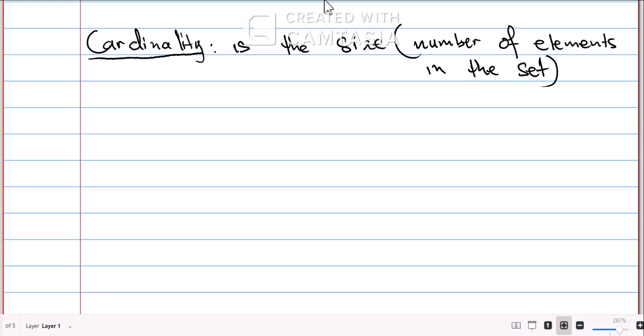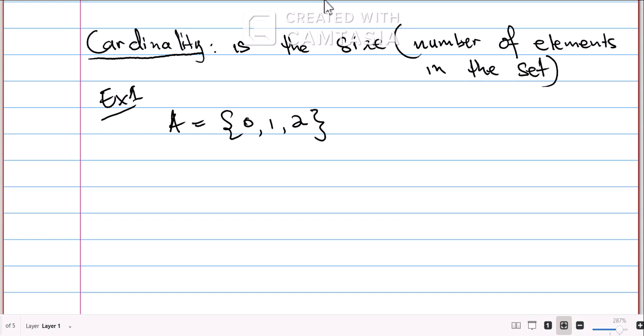Let's consider these examples. Example one: A is equal to 0, 1, 2. What is the cardinality of A?